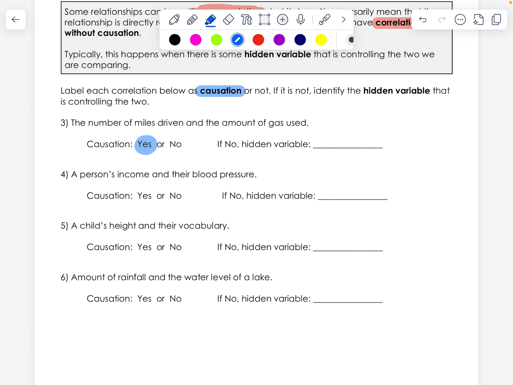A person's income and their blood pressure. Does someone's income always impact their blood pressure? That would be no. What are some other things that might cause that? See if you can come up with something. What could cause their income to impact their blood pressure? Maybe their job stress. Maybe if they make more money, their job is more stressful.